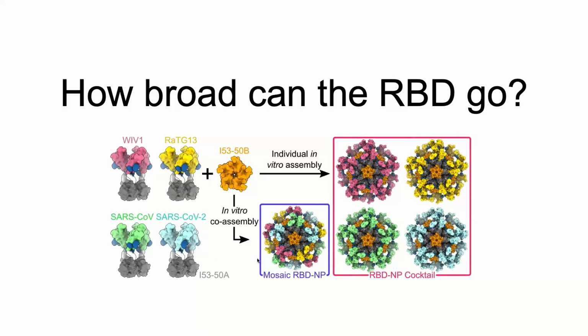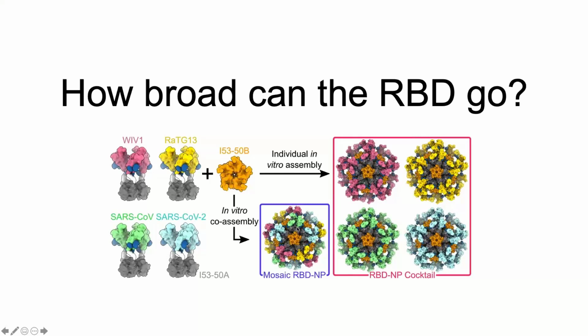But we're also putting other related sarbecovirus, or family of SARS-1 and SARS-2, receptor binding domains on this nanoparticle platform. In this first iteration we've chosen 4 different receptor binding domains: SARS coronavirus 2, SARS-1, a SARS-1 related bat coronavirus, WIV1, and a SARS-2 related bat coronavirus, RATG13.